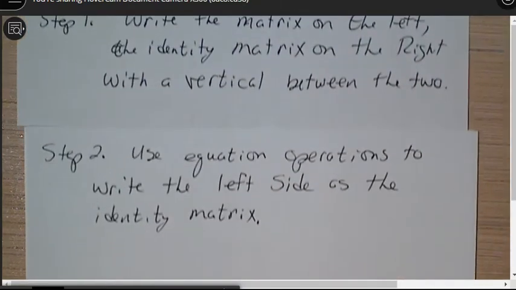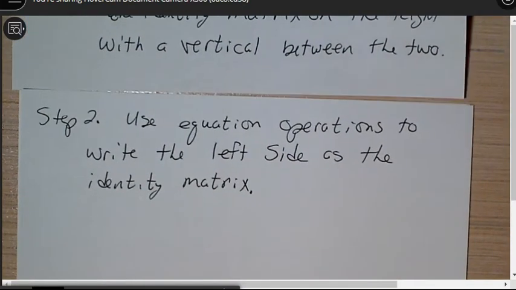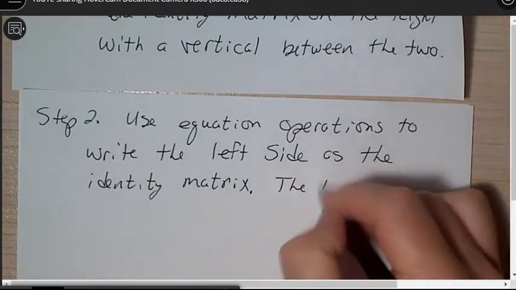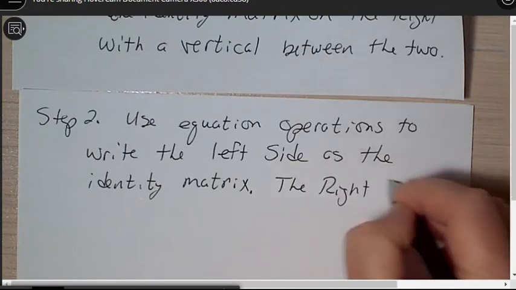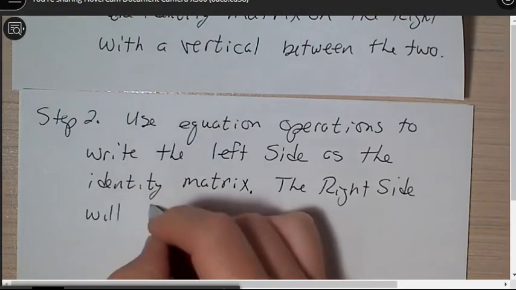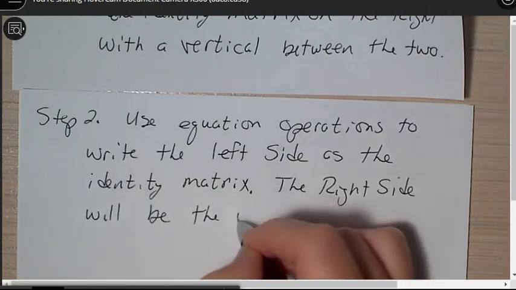So we're going to use equation operations to write the left side as the identity matrix. The right side will be the inverse.